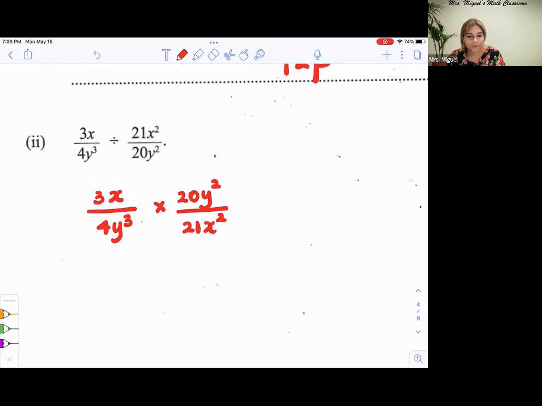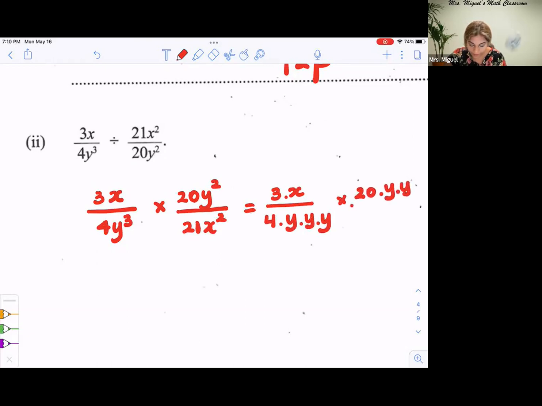Now, for those of you who cannot cancel it, let us expand it. 3 times x over 4, we multiply in y 3 times. Then we have 20 times y 2 times, 21 times x 2 times. Here we have to cancel.